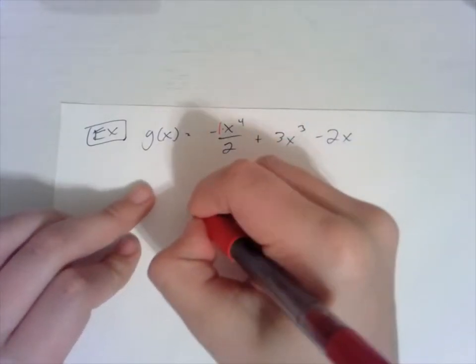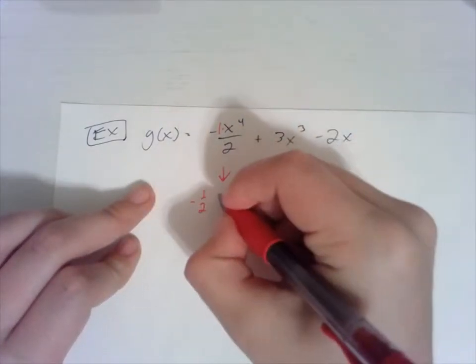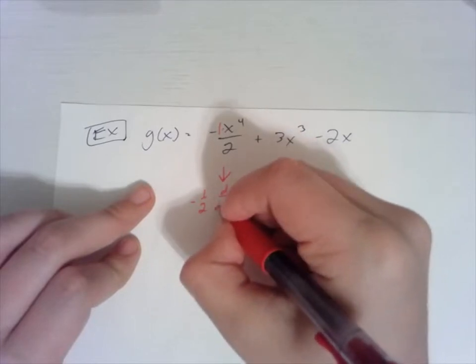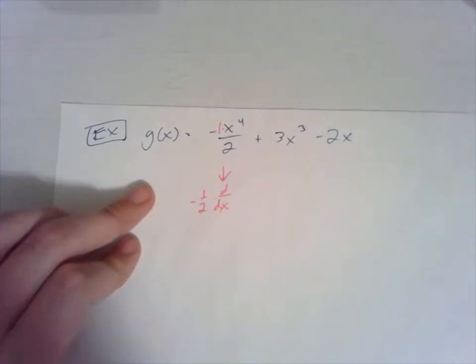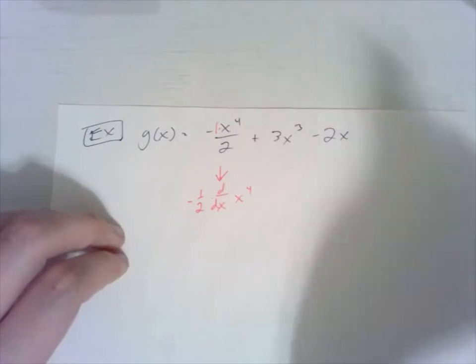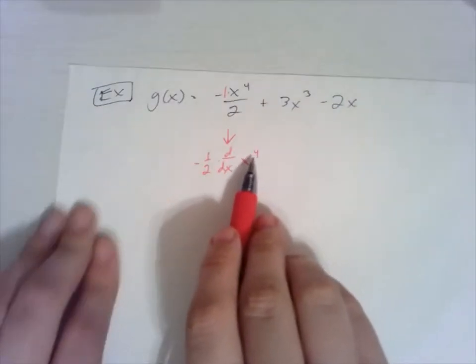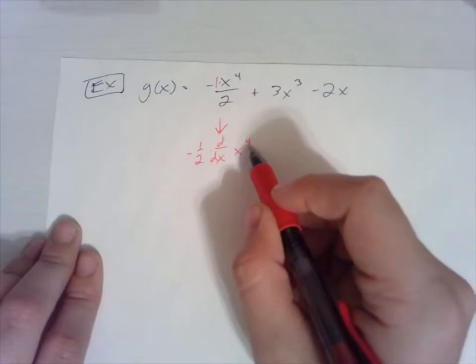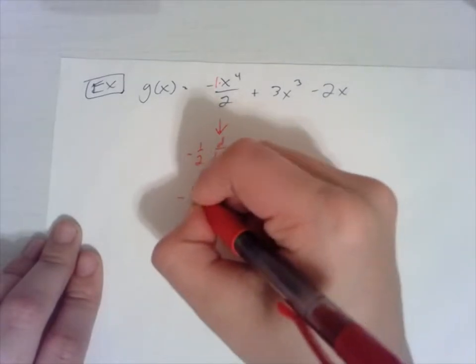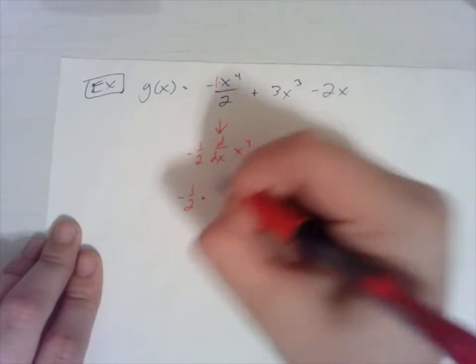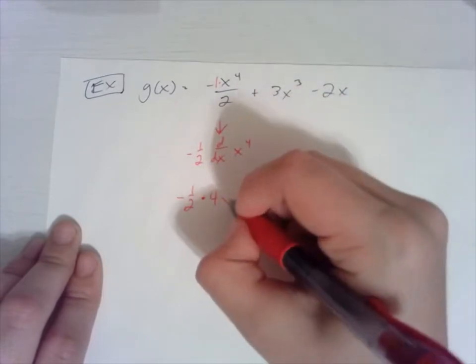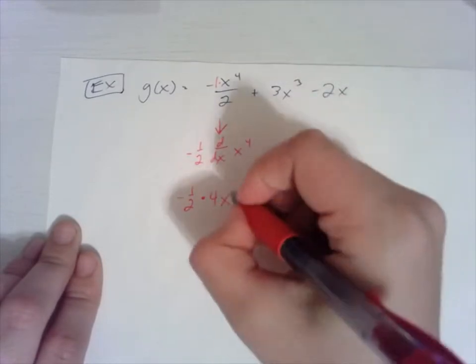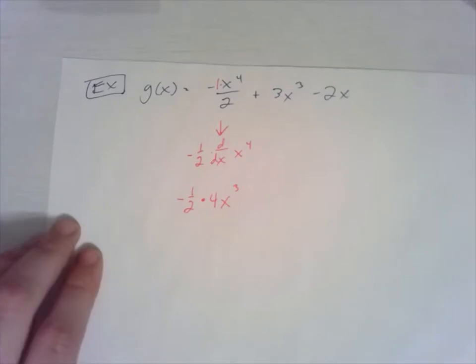So what we can do is take out negative 1/2 and multiply it by the derivative with respect to x of x to the 4th. Now x to the 4th is a little bit easier to take the derivative of. We can use the power rule there, put our 4 in front. So now we're going to have negative 1/2 times 4x, and then 4 minus 1 would get to the 3rd power. Okay?